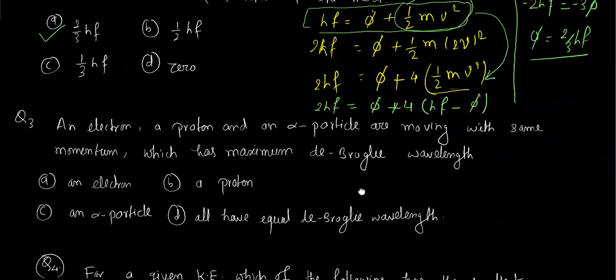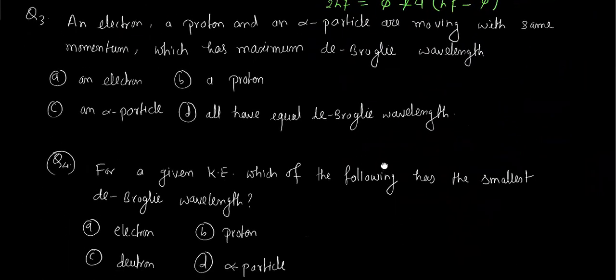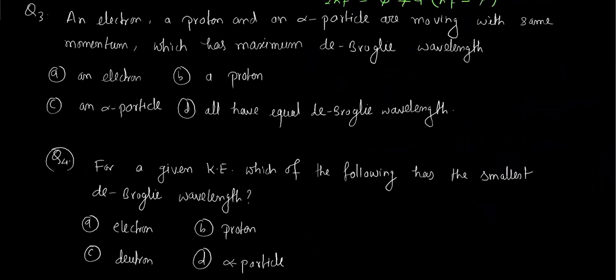Now let us move to question number 3. Here it is said that an electron, a proton, and an alpha particle are moving with the same momentum. Which has the maximum de Broglie wavelength? As we know, the expression for de Broglie wavelength is h by p.